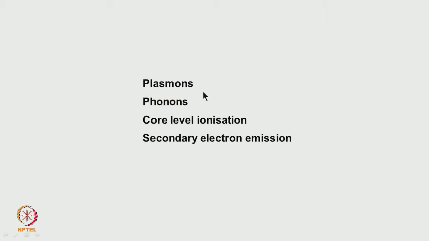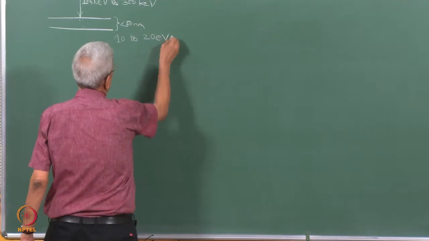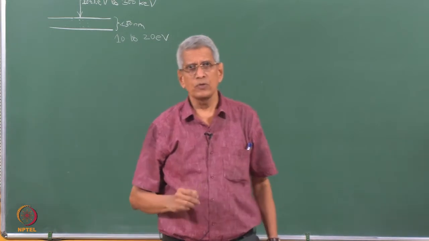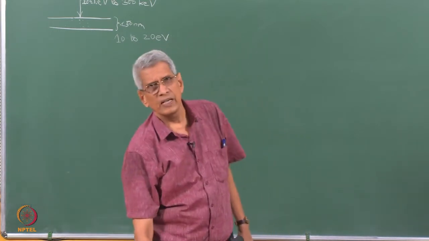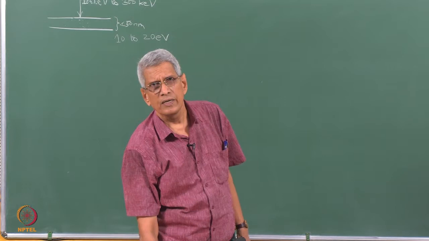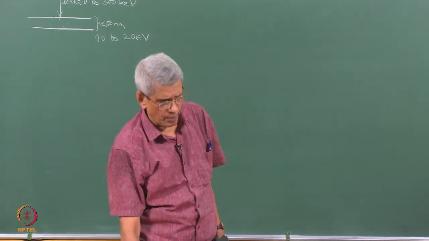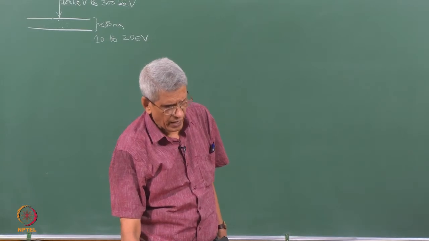The energy which is transferred to these electrons is generally of the order of 10 to 20 electron volts. So this is one of the processes by which the primary electron beam in a microscope loses some of its incident energy.